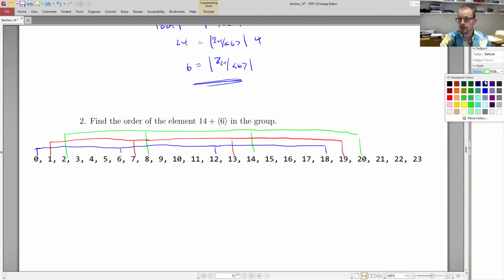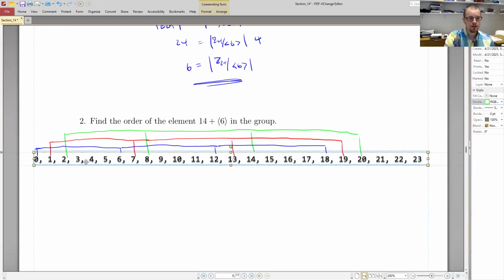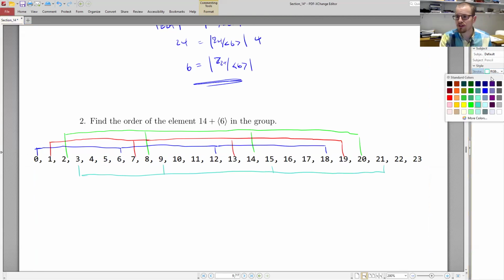To finish it up, we could continue on and add 3. So 3 gets us 3, 9, 15, 21. Those 4 elements create another coset. And let's go with orange.